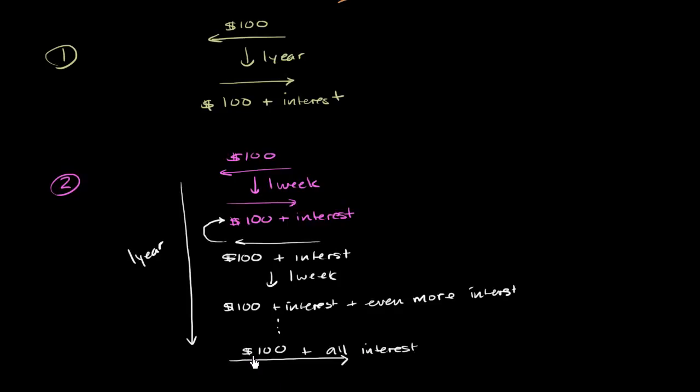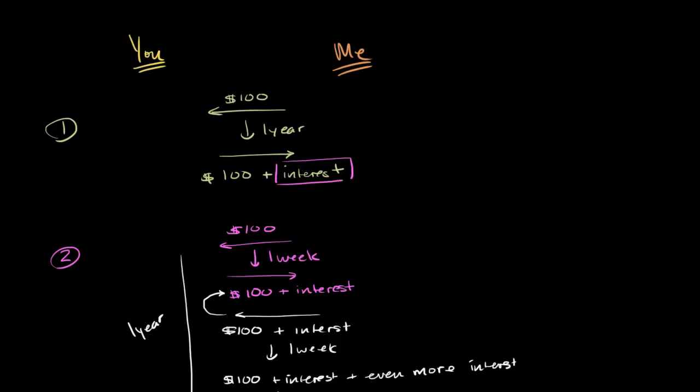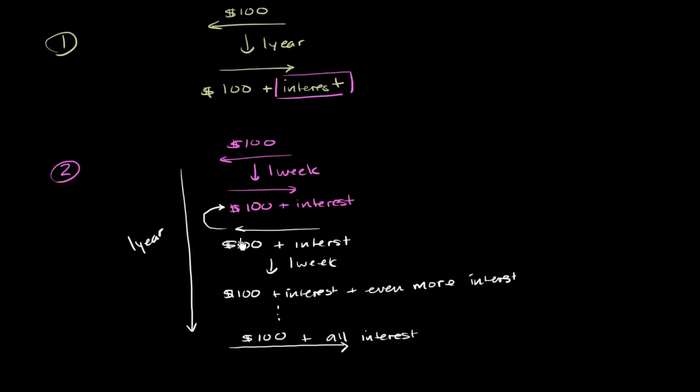Now, the question I have for you is, from my point of view, where would I want to charge more interest? So here, a year has gone by, and you're going to pay me back $100 plus all of the interest over a year. And in this scenario, a year is going to pass by, although it seems a little bit more complex. And then at the end of the year, you're going to pay me $100 plus all of the accumulated interest over a year.